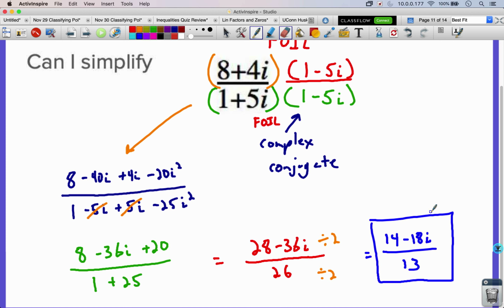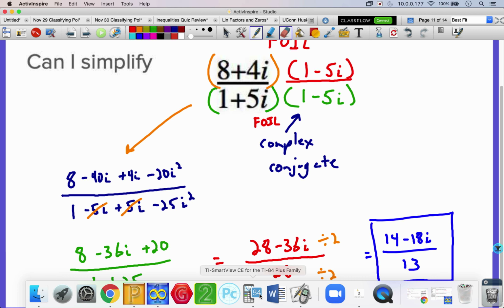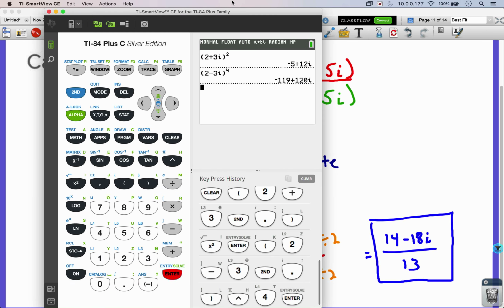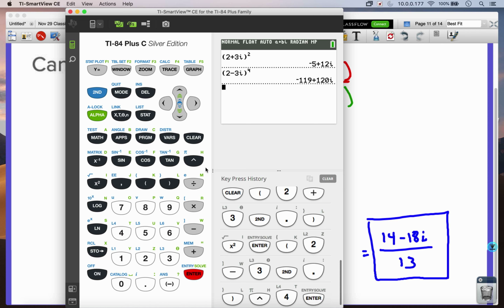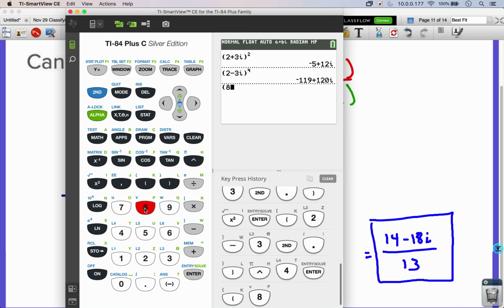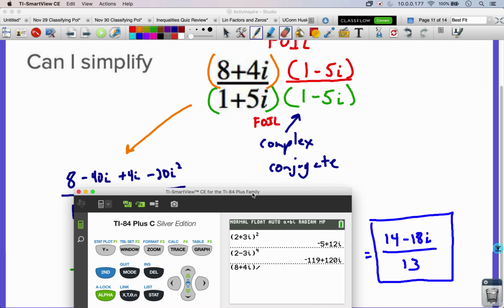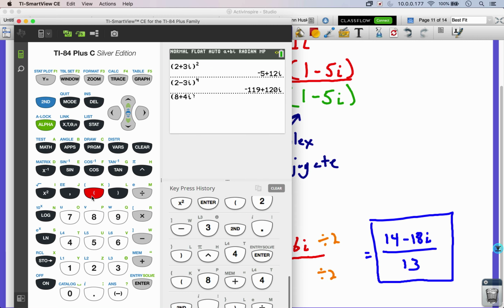All right, and this is one that the calculator is pretty bad at. Let's just see what it would have given us. 8 plus 4i over 1 plus 5i.